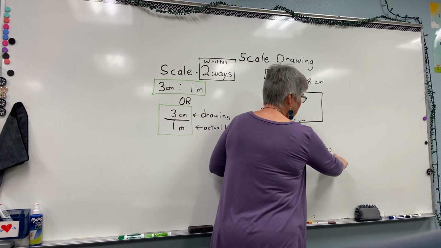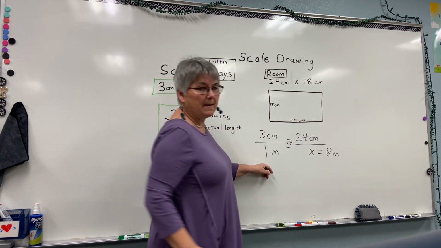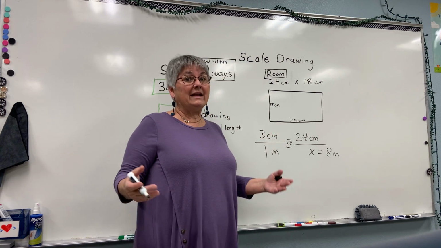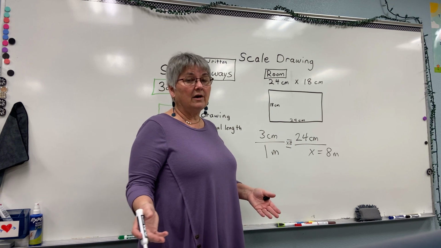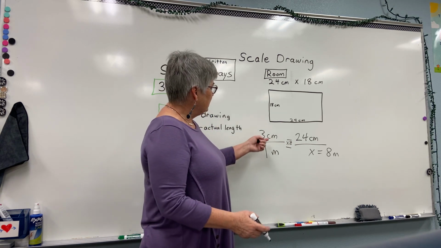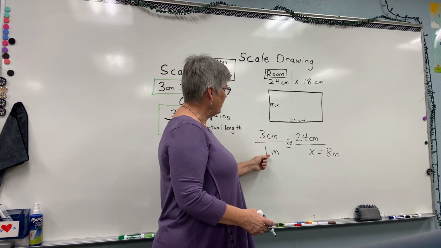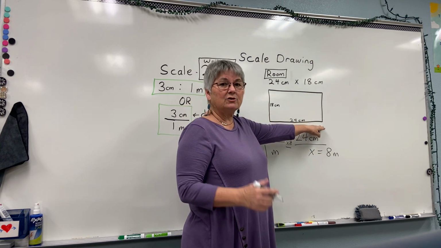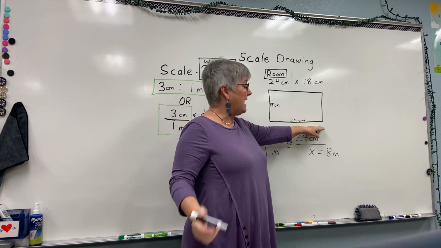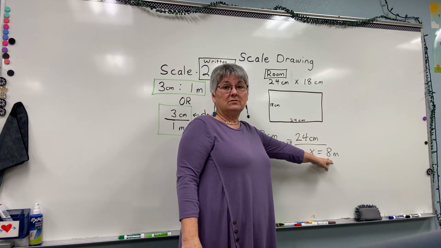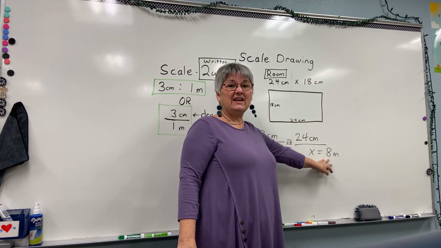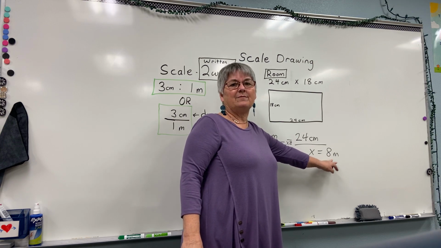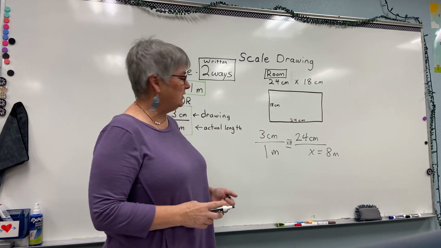So the unit here will also be meters. Do you understand? This is something we've already done in our math lesson last week. So 3 times 8 is 24, and 1 times 8 is 8. So this 24 centimeters represents in real life 8 meters. So that's really about 24 feet, maybe 25 feet, maybe 26 feet, something like that, if you're wanting to know what that would look like.